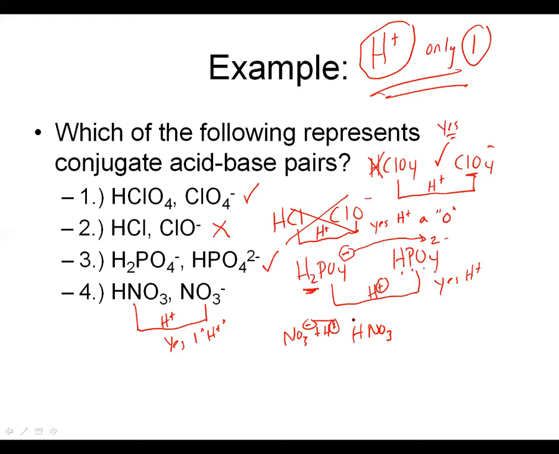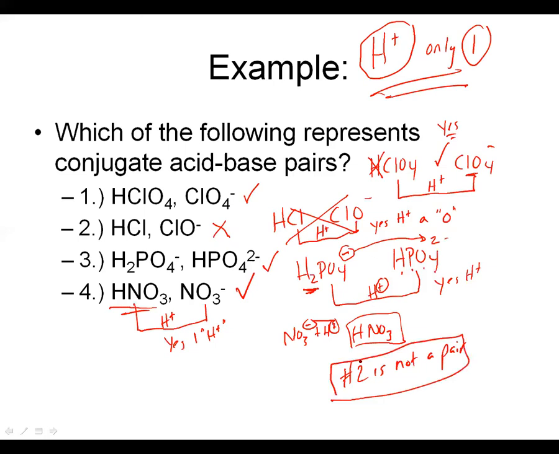And we do get HNO3, which is over here as well. So this would be a pair. So it looks like the only one that is not a pair is number 2. Any questions on how we determined that there?